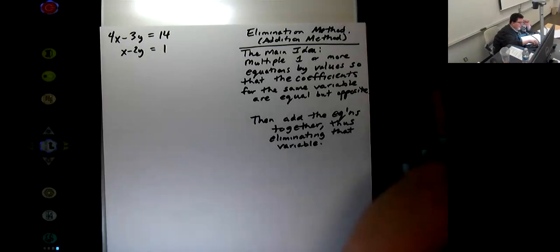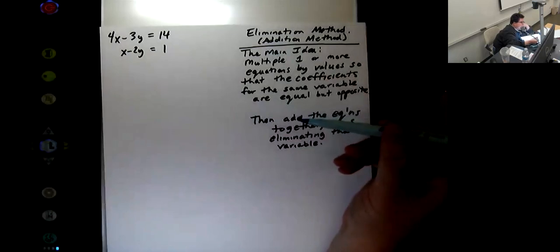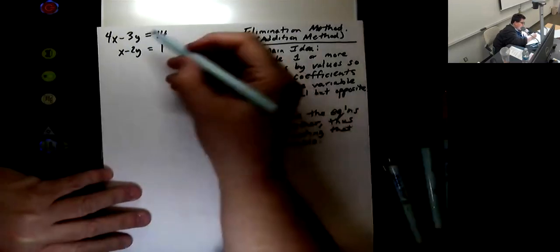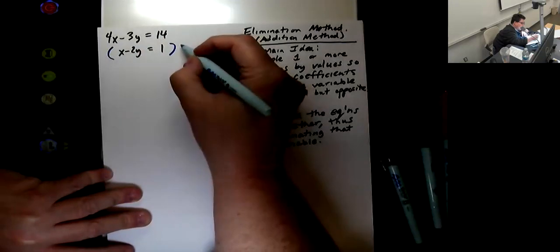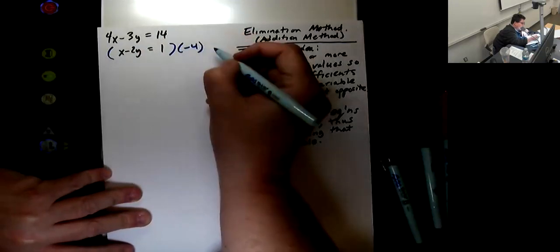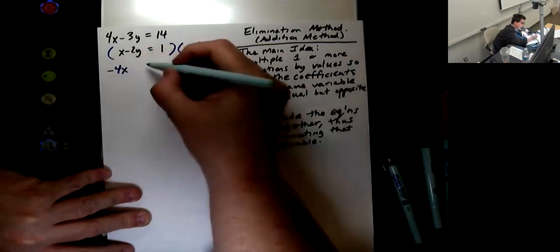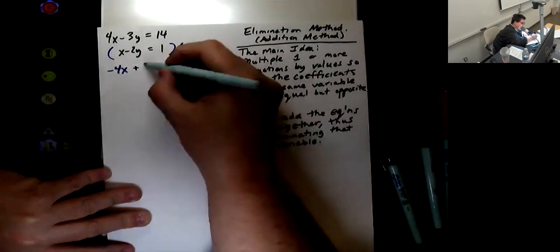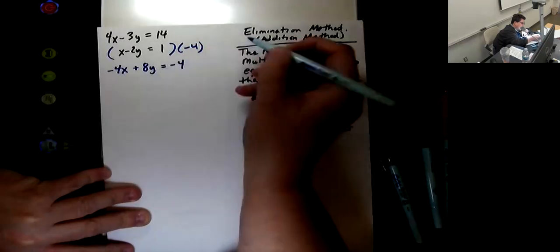All right. So the idea here is to have them be equal but opposite. If I multiply this equation here on both sides by -4, this becomes -4x plus 8y equals -4.